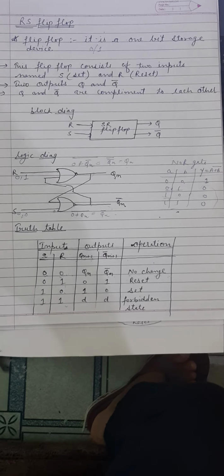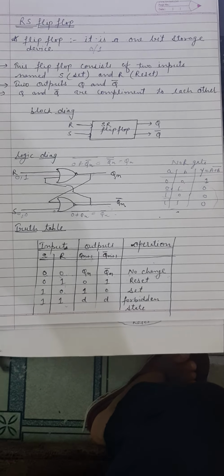But as the outputs are Q1 and Q1 complement, which should be complements of each other, if Q1 is equal to 0, Q1 complement will try to become 1, and when Q1 complement is equal to 0, then Q1 will try to become 1. That means this state is not allowed in this flip-flop. So it is called the forbidden state, and the outputs are D, D. D stands for don't care. The value of D can be either 0 or 1. Okay, so this is the operation of the RS flip-flop.